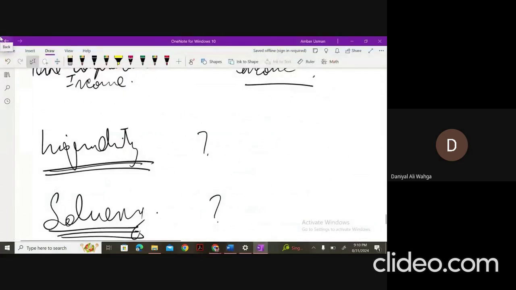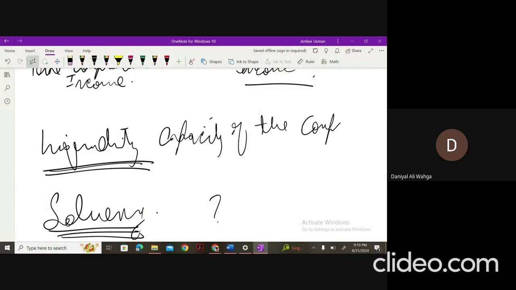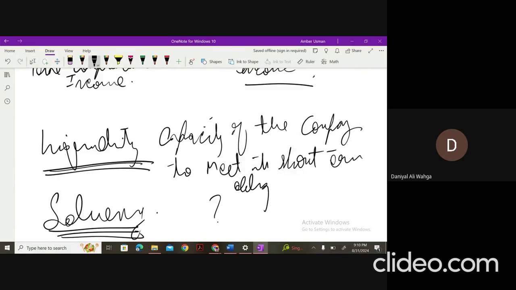Liquidity is basically the capacity of the company to meet its short term obligations.